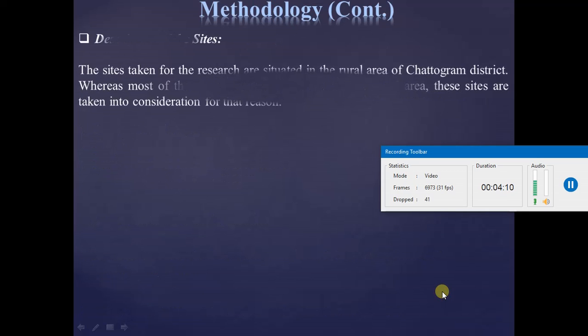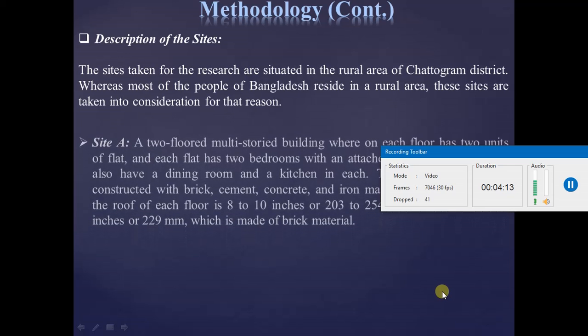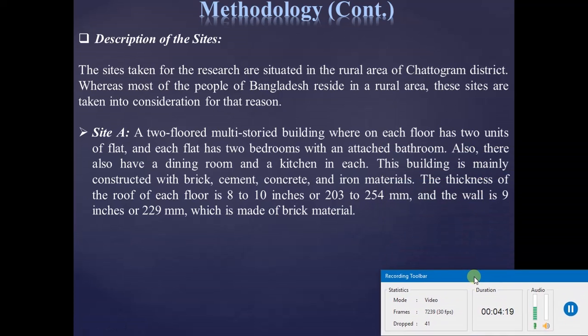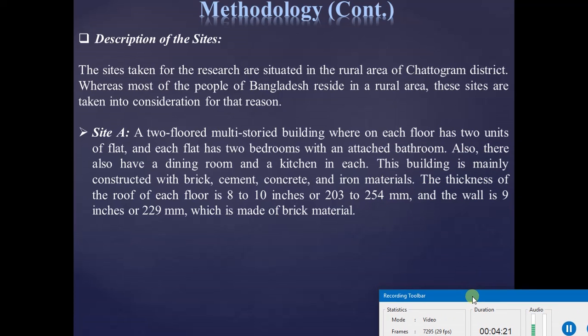The methodology section continues with the description of the sites, where we took two sites. One is site A, another is site B. Site A is a building made of brick, cement, concrete, and iron materials, and the thickness of the slab of each floor is 8 to 10 inch, and the wall thickness is 9 inch, which is also made of brick.